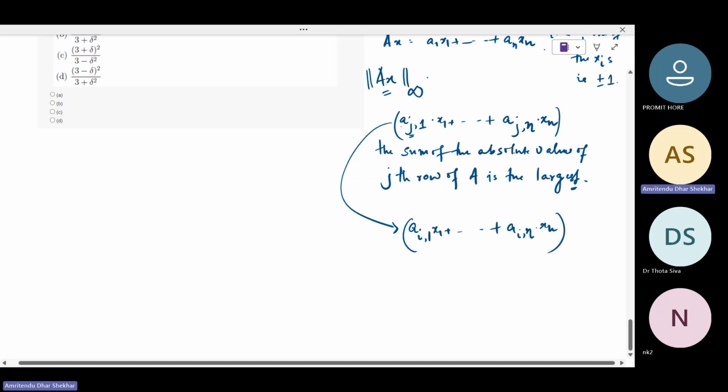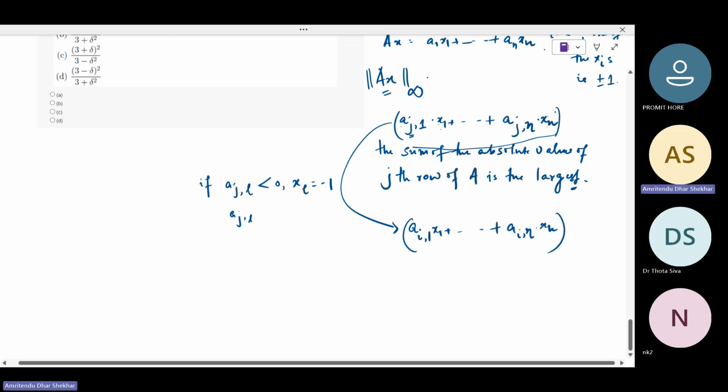Right? So let's say you want to maximize this sum, and you are free to choose x1 up to xn. Let's forget about the other coordinates. If you want to maximize the sum, the way you would do it is that if a(j,l) is negative, then you set xl as -1.